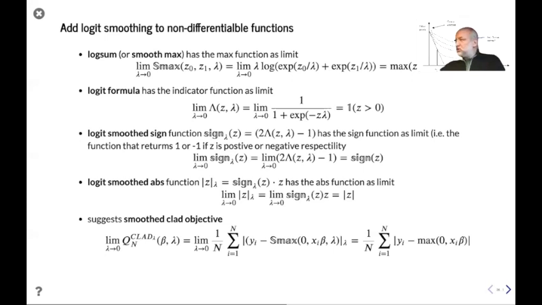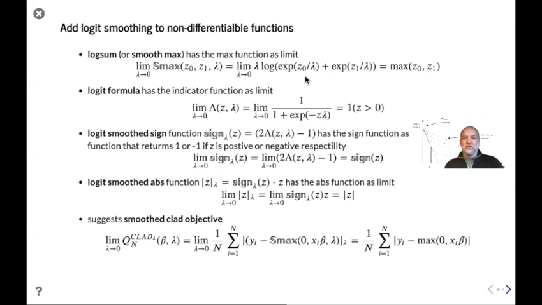Let's send it to 0. This has the limit of approaching the max operator. So here's a log sum for two potentially random variables. Actually, one of ours is going to be 0. The other one is going to be x beta, right? But this is just a simple illustration.